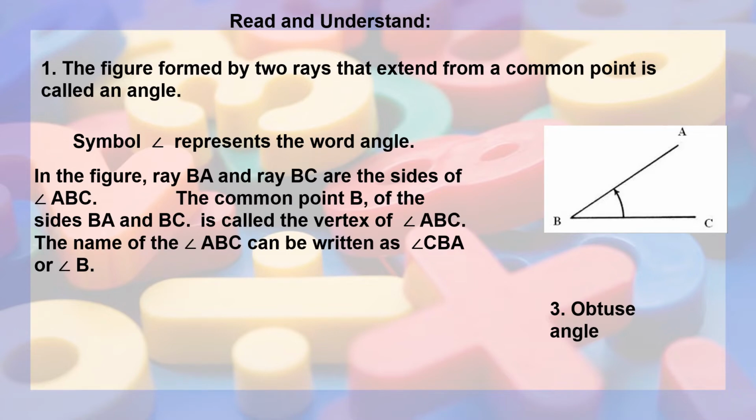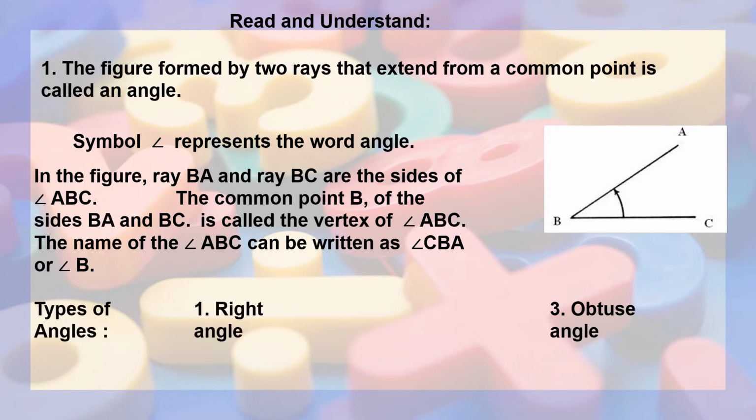In the figure, ray BA and ray BC are the sides of angle ABC. The common point B of the sides BA and BC is called the vertex of angle ABC. Vertex means the point where two lines meet. The name of the angle ABC can be written as CBA or angle B. Okay, so it can be written either ABC or CBA or just angle B. That is also fine.